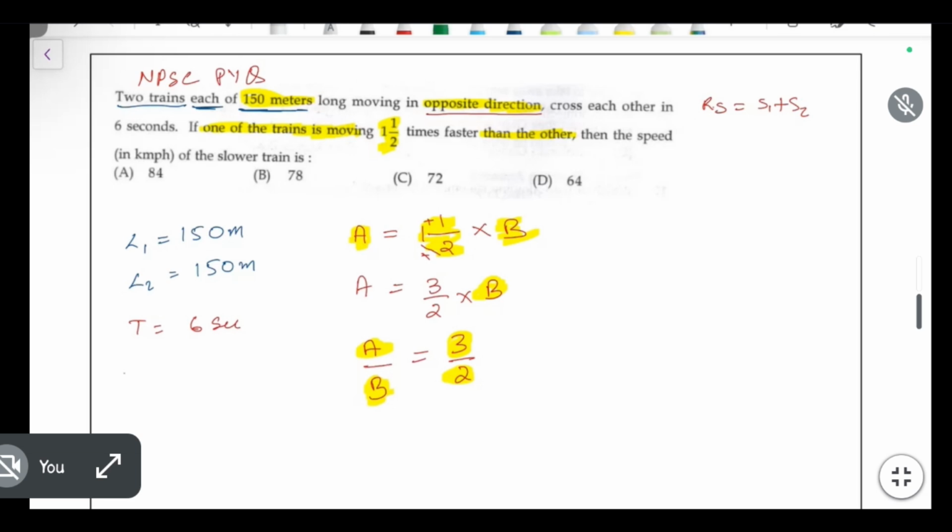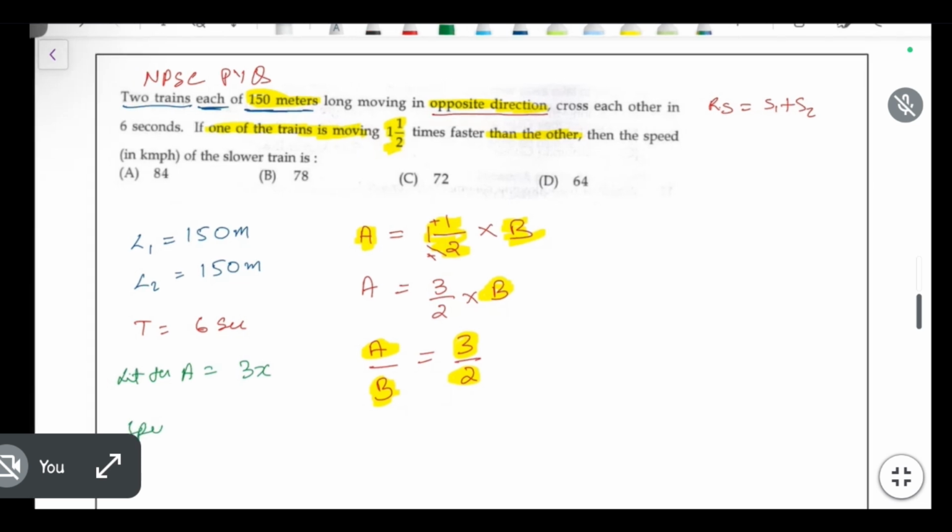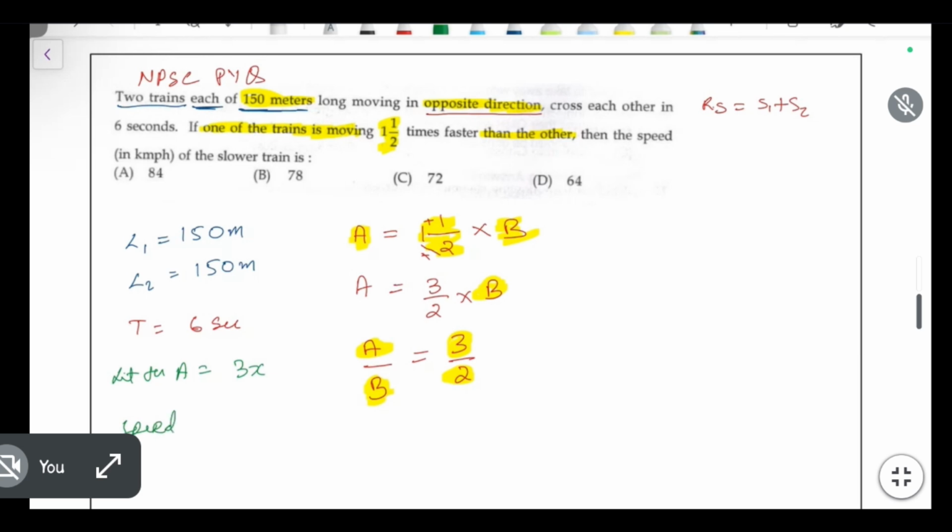So let the speed of A is equal to 3x and the speed of B is nothing but 2x. I am assuming that the speed of A is 3x here and the speed of B is 2 times something, which means 2x here.